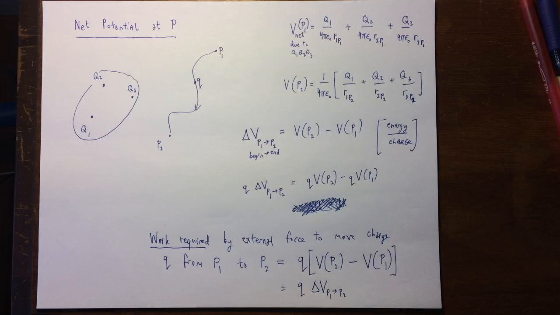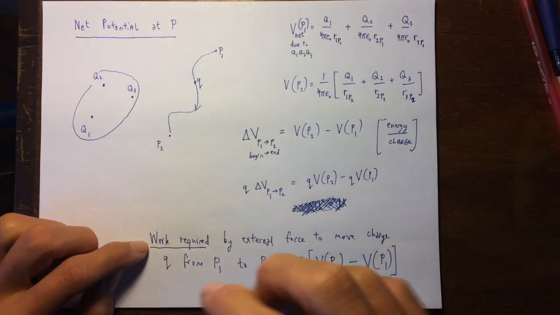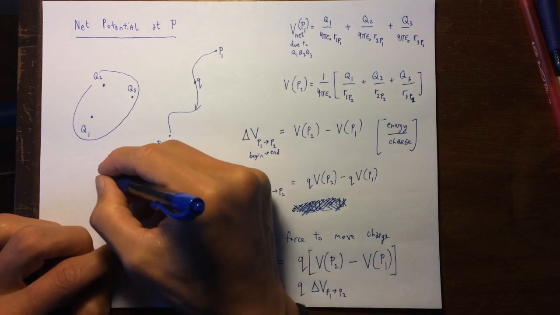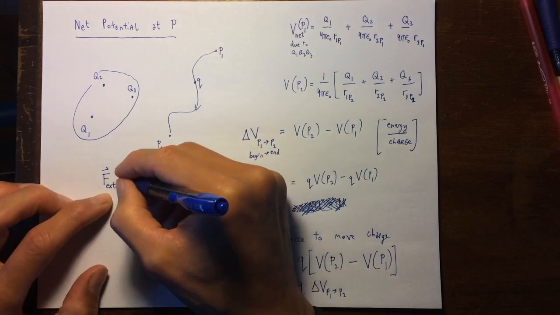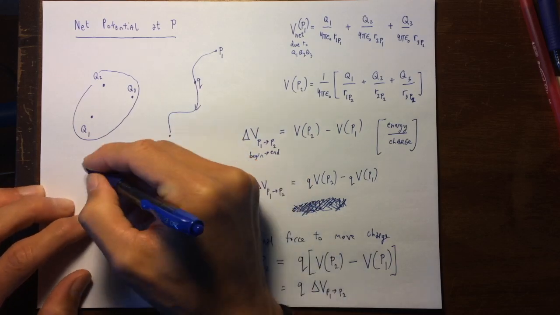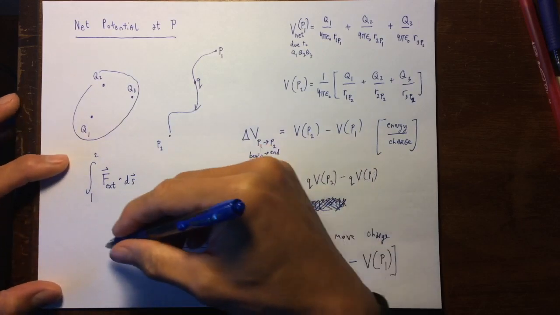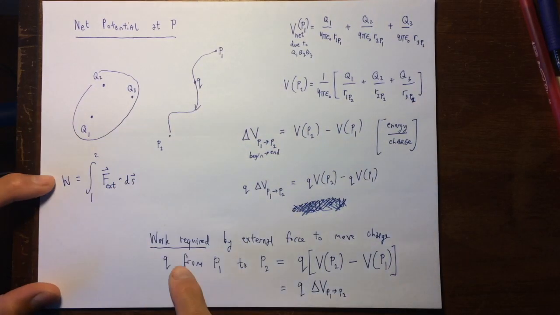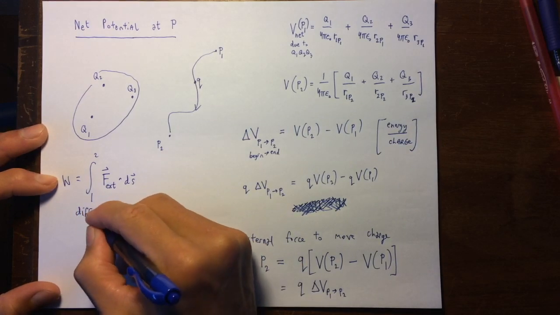If you wanted to talk about the work directly, that work would be the force by some external agent dotted with displacements starting at place 1 and ending at place 2. That's another way to calculate this very same work.